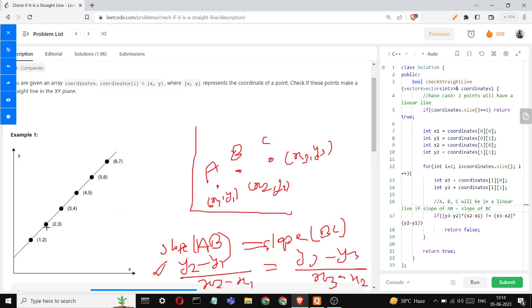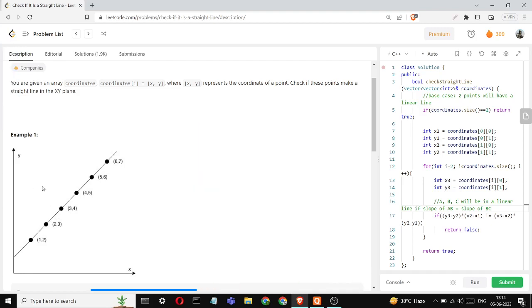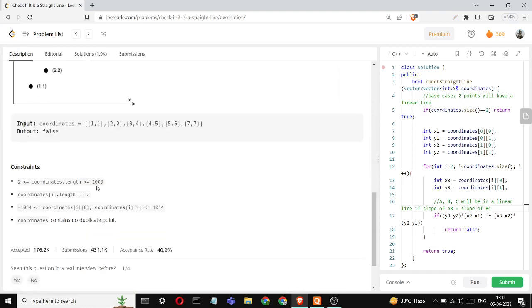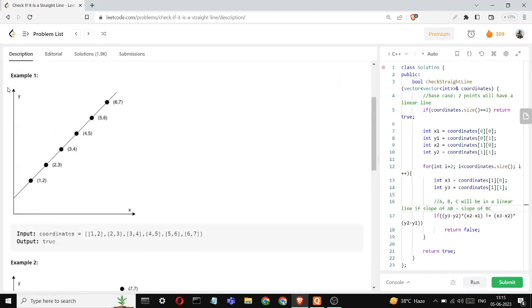But here we are not seeing three points; there can be multiple, up to 1,000, I think. Let me check the constraint, yes, it is 1,000, so the points can be 1,000. So how can we check?